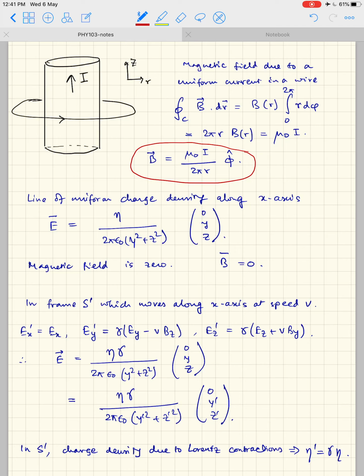Now you place this line of uniform charge density along the x-axis, and in that case we just wrote it in Cartesian coordinates instead of r.